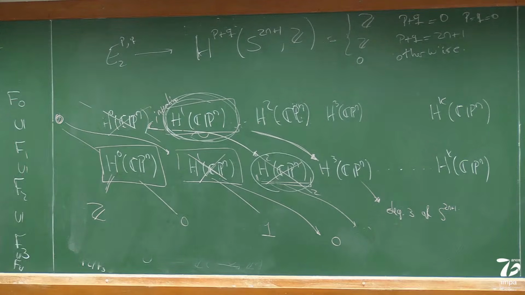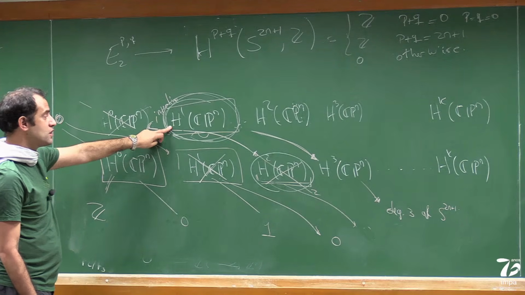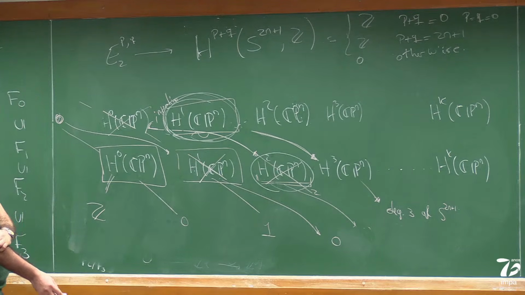Now, why do I have a non-trivial homology in this piece, which is in degree 2? Everyone seeing it?